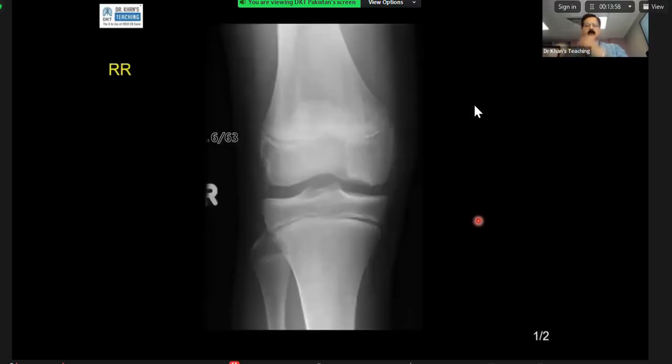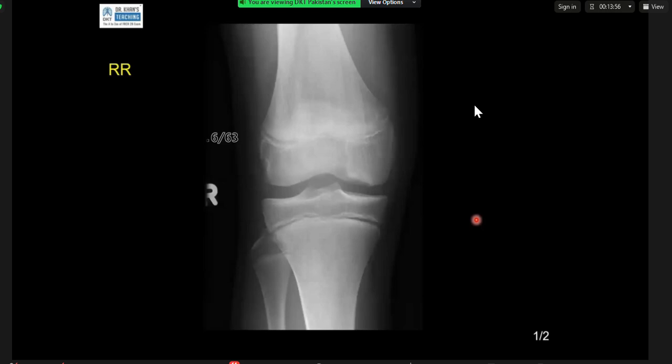Normal, abnormal. So can you change the window a little bit? No. You can see the finding on this window. I'm on a PowerPoint. I cannot change the window. This is not a DICOM.